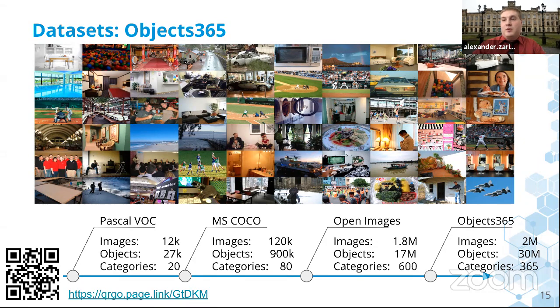The only drawback of this dataset is the license. This dataset is released under an academic-purpose-only license, which limits usage of the data from the Objects365 dataset for creating commercial and non-commercial applications.